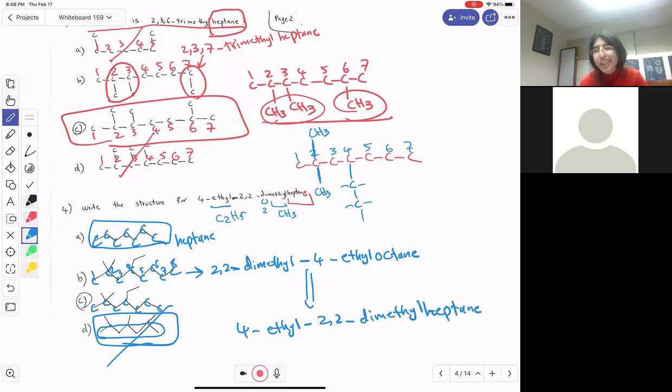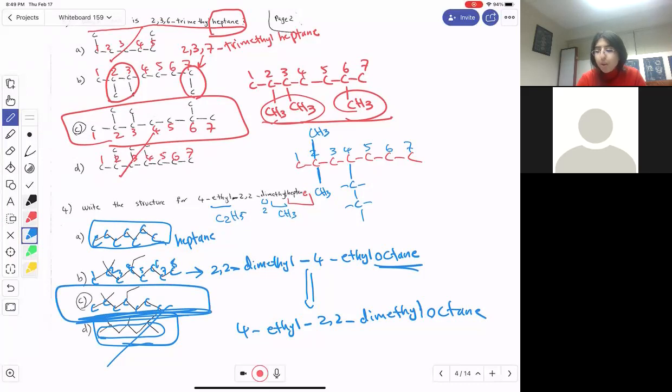Write ethyl first because alphabetically, that's what we do when writing. So this is wrong and this is the answer. I hope that is clear, kind of.